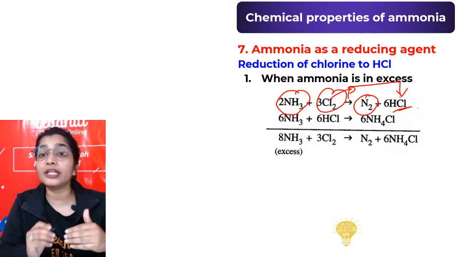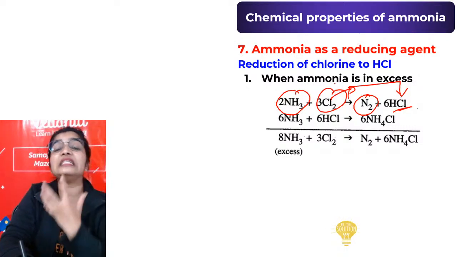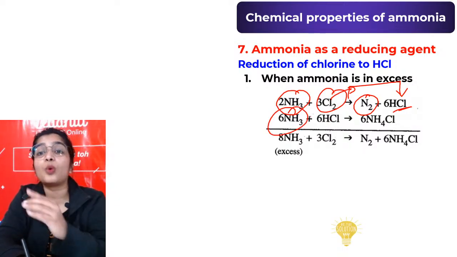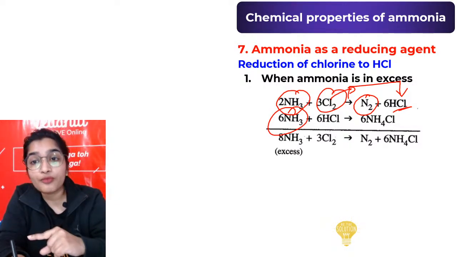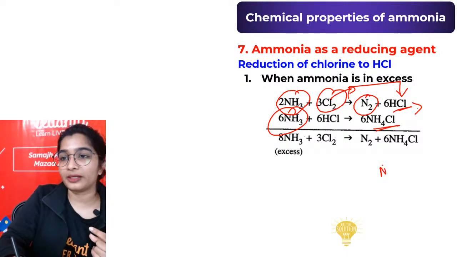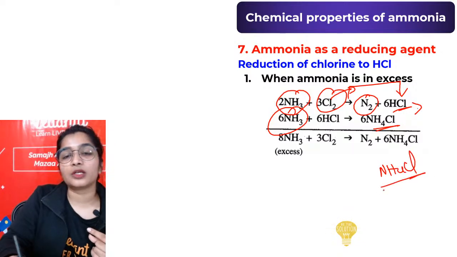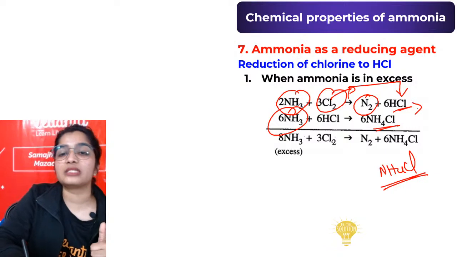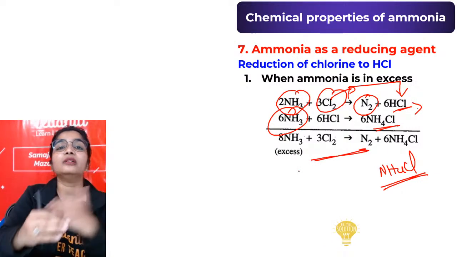But what is the condition? When ammonia is in excess, so there is 6NH3 plus 6HCl. It will combine with the formed hydrogen chloride to give us ammonium chloride. So 8NH3 plus 3Cl2 gives N2 plus 6NH4Cl, will be the reaction.